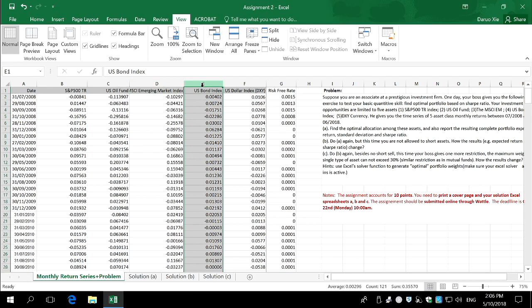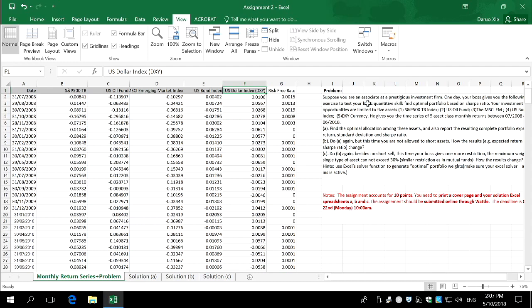And this is the US bond index, so this is another asset class. And this is the currency market. I use the dollar index. So you have 5 different assets, and you will make an optimal portfolio out of those 5 assets.